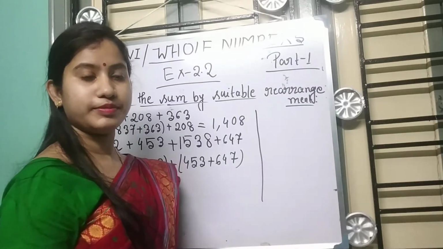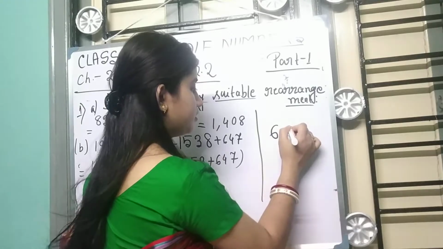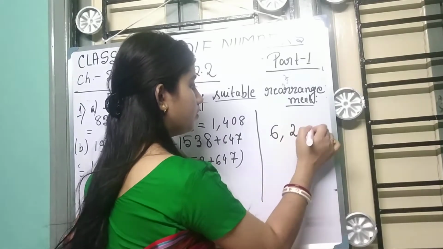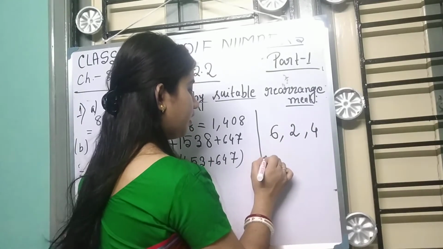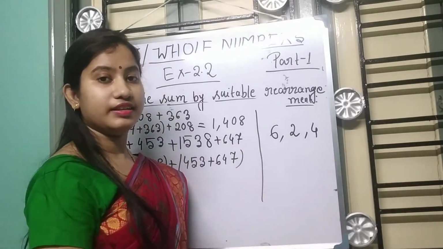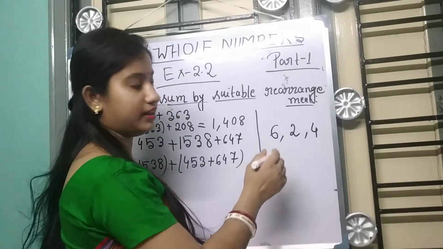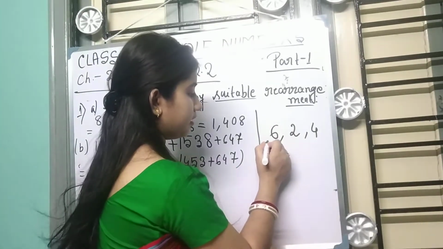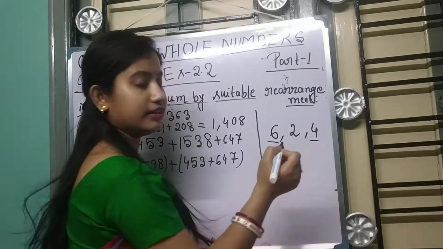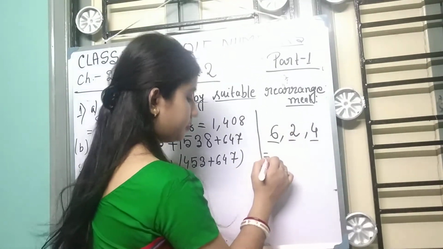Suitable rearrangement means, suppose three numbers are given, 6, 2 and 4, and we find the sum of these three numbers. To make it easy, we first add 6 and 4, then we add 2.